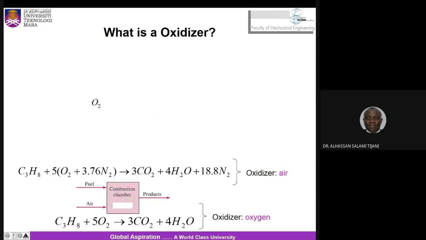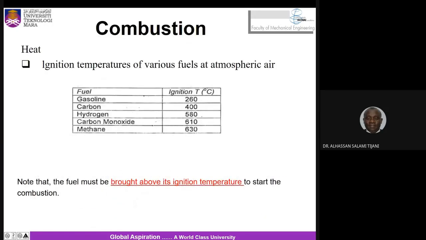Now let us look at the various characteristics of different fuels. Gasoline has an ignition temperature of 260. It means if you have gasoline and you subject it to 255 degrees Celsius in the presence of oxygen, it will not burn unless the temperature reaches 260.